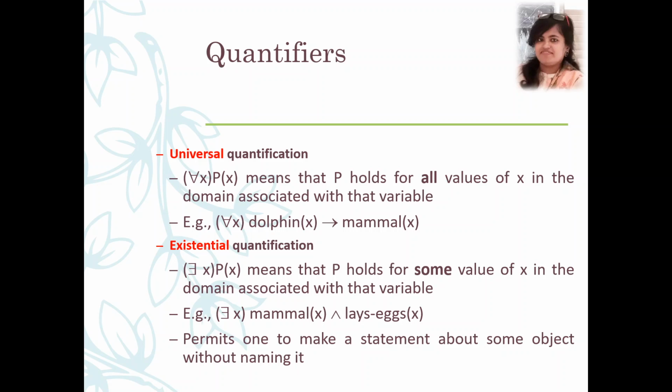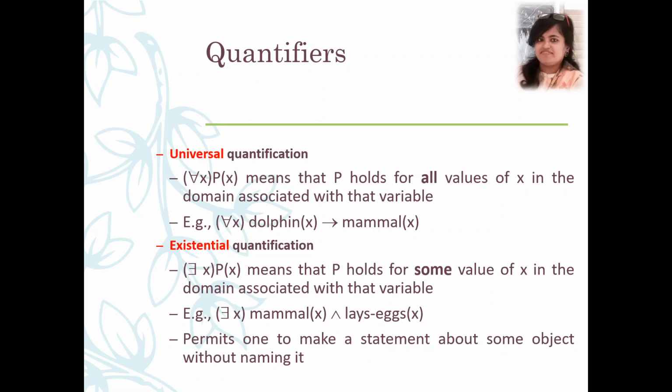As we have already discussed the quantifiers, the universal quantifier, for all x, P(x), means that P holds for all values of x in the domain associated with that variable.